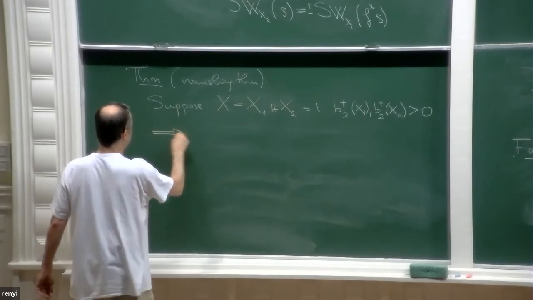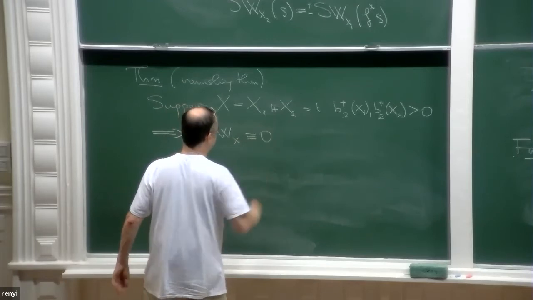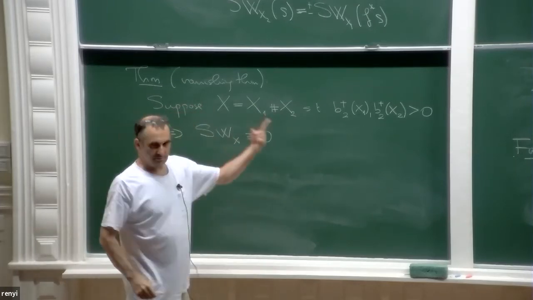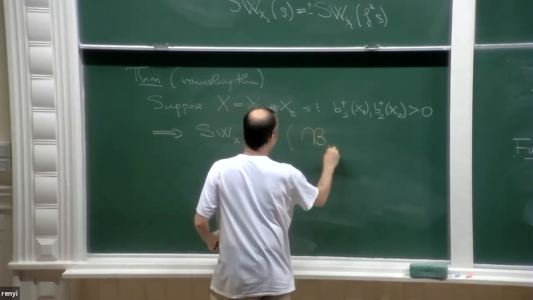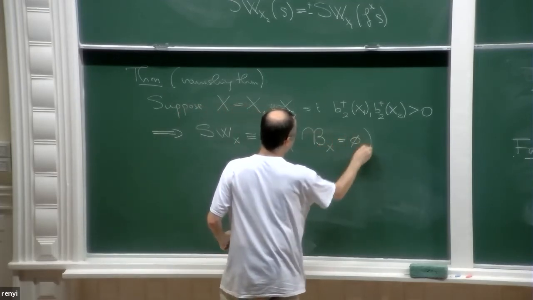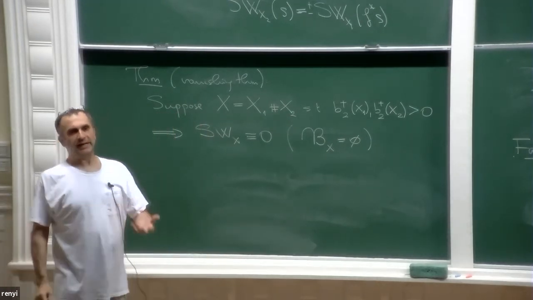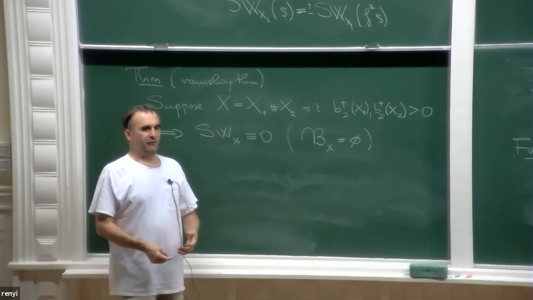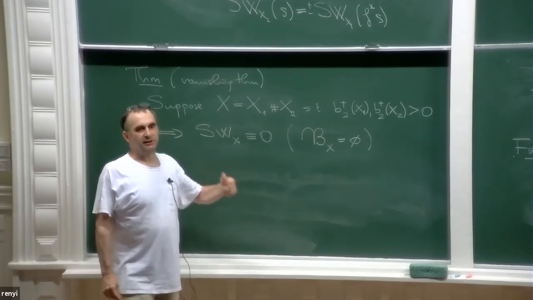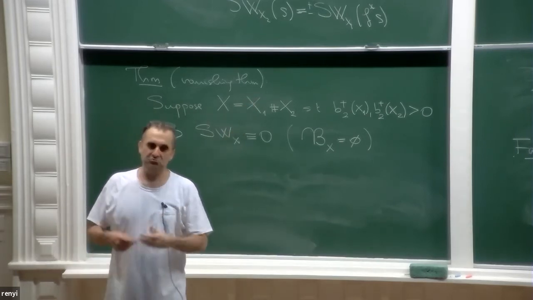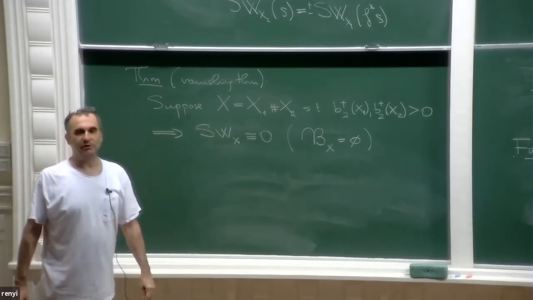Then the Seiberg-Witten invariant of X is constant 0. So putting back in the language I just introduced, the set of basic classes of X is the empty set. Right? There is no spin C structure. You would expect that for particular metrics, for every spin C structure, the corresponding solution space might be empty, and you don't count anything. And indeed, this is how you prove it.